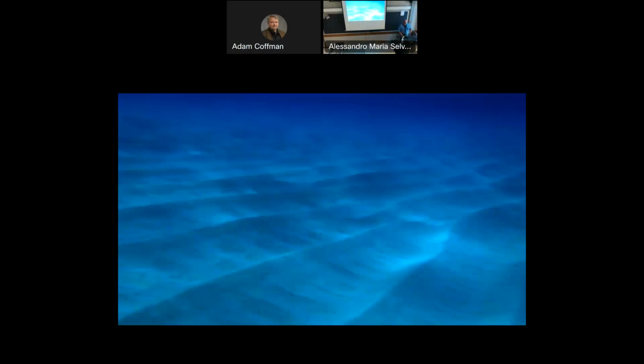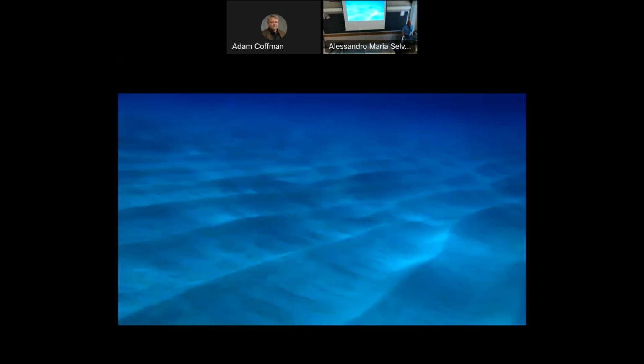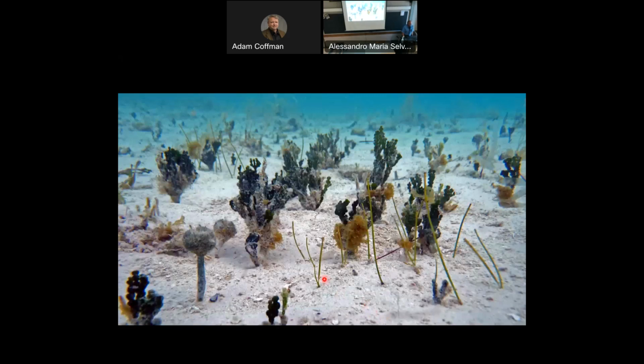So we have these different environments, and they're all covered in the Bahamas, for example, with shell sand. Most of the sand in the Bahamas is made of seashells. Depending on the environment, this is pretty rough water, so you get these ripples on the bottom and finer sands. And this has coarser sands mixed with very fine muds that come directly from these little plant-like things growing here.